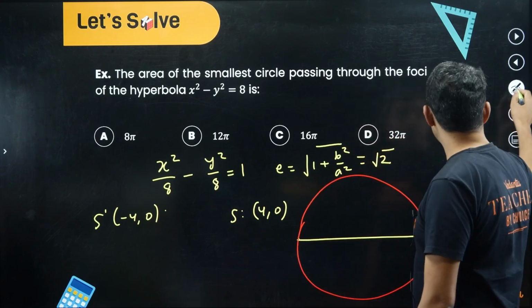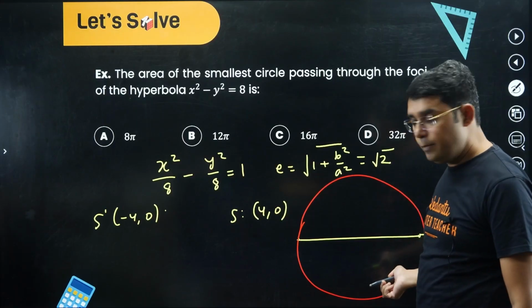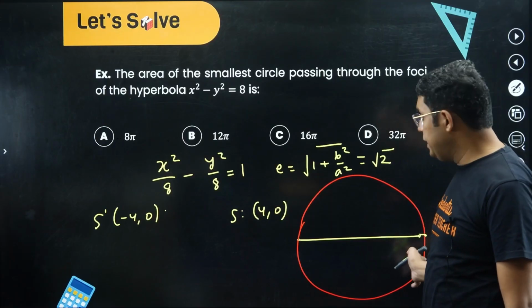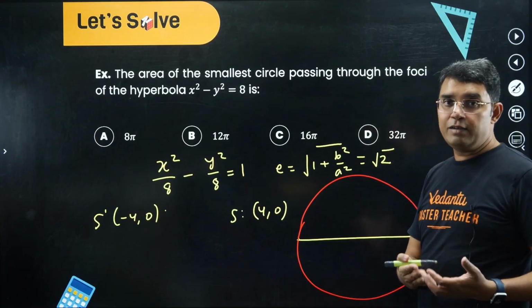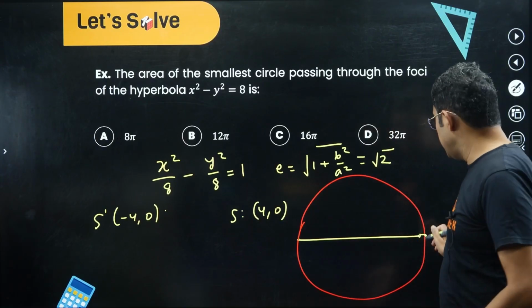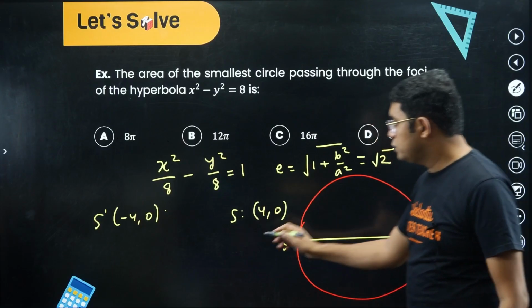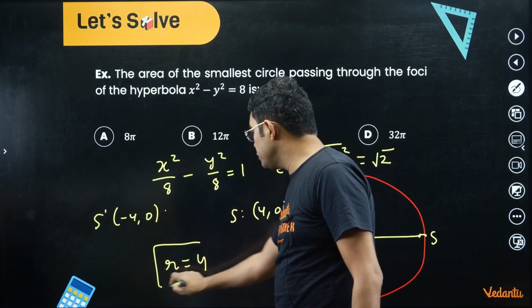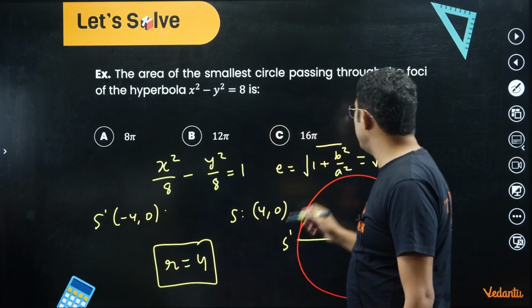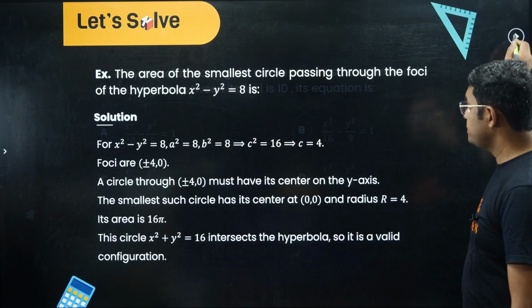Because this has to be a chord of the circle. If it is not a diameter, that means the diameter will be bigger than the chord, and then your circle will have larger area. So this has to be your diameter. So I think it is done, because your diameter is 8, your radius is 4. Radius is 4, so area would be pi r square. So 16 pi should be the answer of this question.